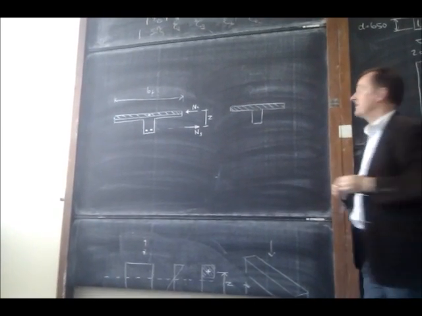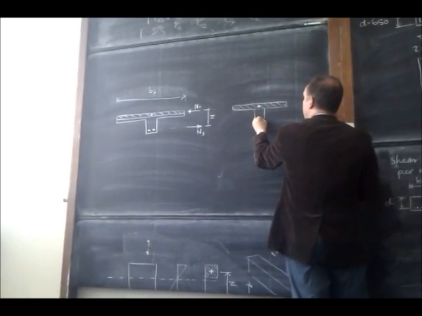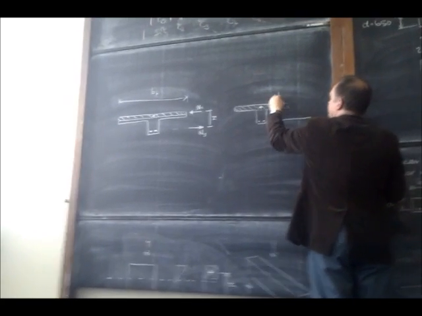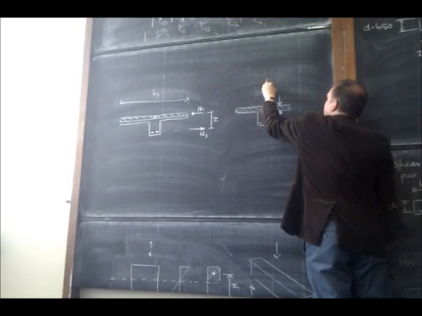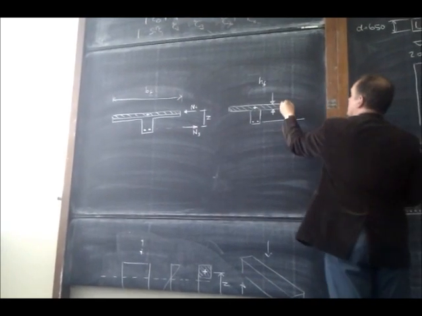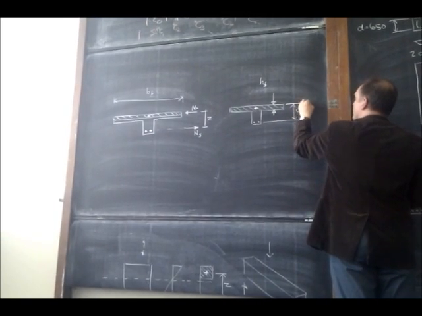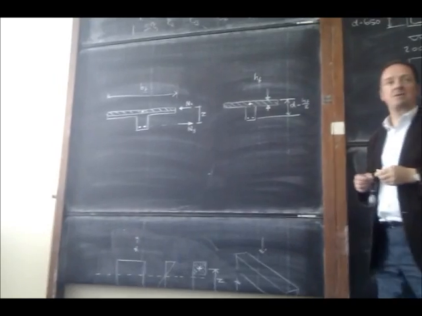Assume that the whole flange is stressed, the line of action is in the middle, and then the lever arm, if that's HF for height of flange, is D minus HF over 2. So that's generally going to be conservative.